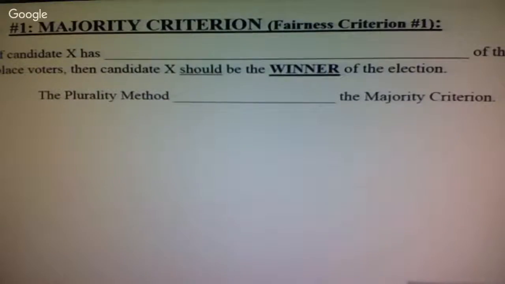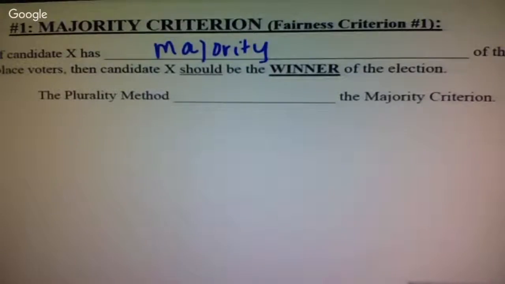In order for an election to be fair, it needs to cover 4 fairness criterions. We're only going to talk about the first one today. It says, if candidate X has a majority of the first place votes, then they should be the winner. Well, if you've got more than half of the first place votes, you should be the winner. Unfortunately, you have seen that that does not always happen.